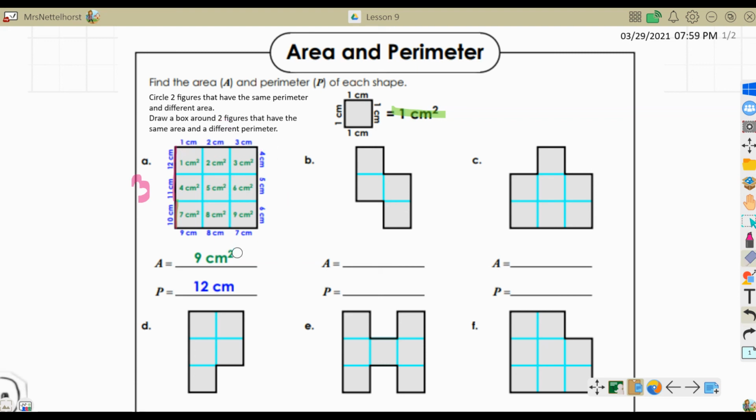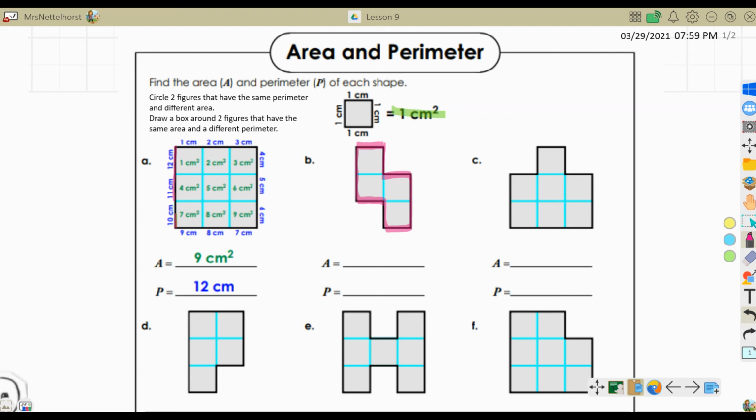Okay, so like on this one, on letter B, you can't really do length times width. So you're really going to have to count carefully, count those edges, and you can use your drawing tool if you want. 1, 2, 3, 4, 5, 6, 7, 8, 9, 10. So the perimeter on this one is 10.